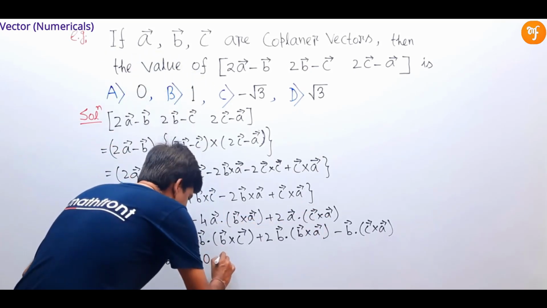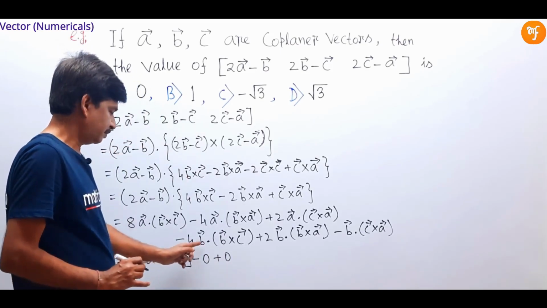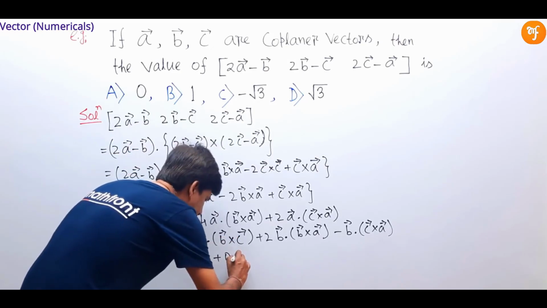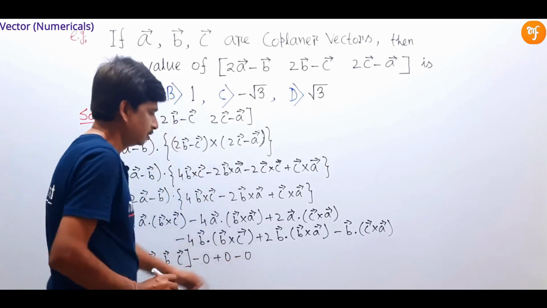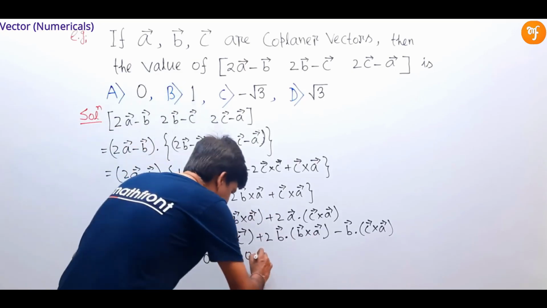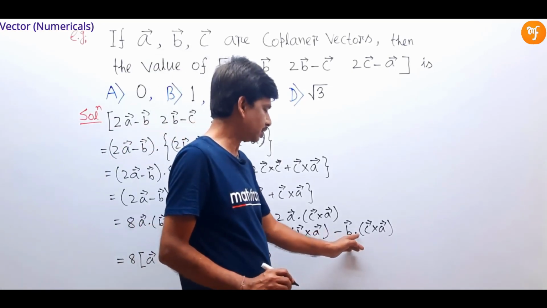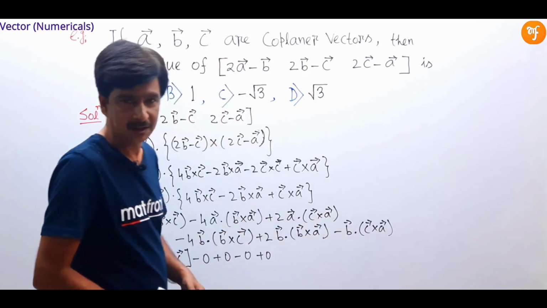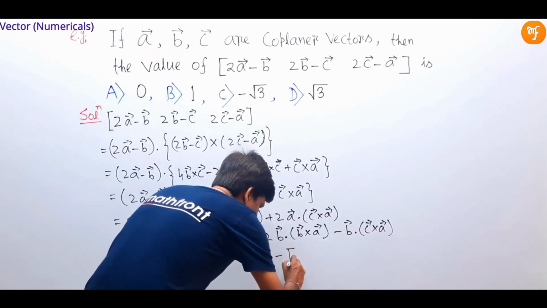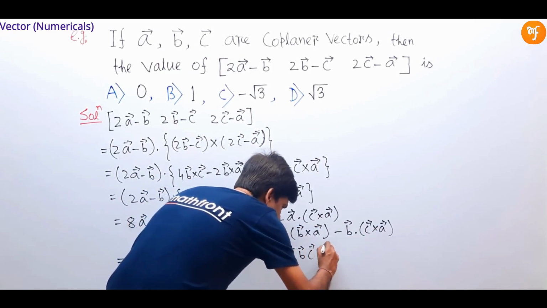So we can directly write 0. b dot b cross c is also 0. So directly written as minus 0. b dot b cross a is again 0. So we can write plus 0. And minus b dot c cross a can be written as minus box of bca. Sure?